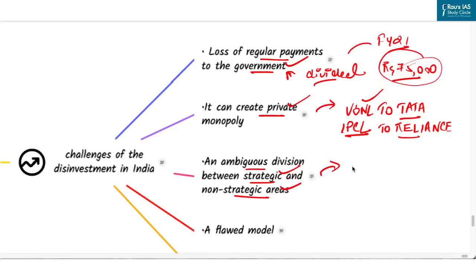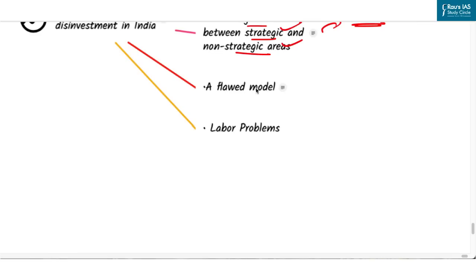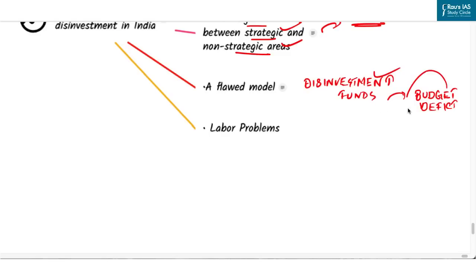An example of this is that strategic disinvestment in the oil sector might threaten the energy security of India. Now let's come to the next challenge. Many analysts have criticized the use of disinvestment funds to close the budget deficit as a flawed model. Why? Because it is the same as selling the family silver to achieve immediate objectives.